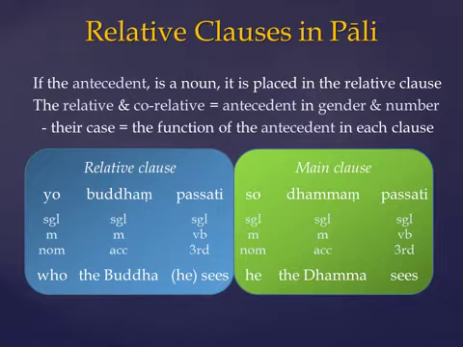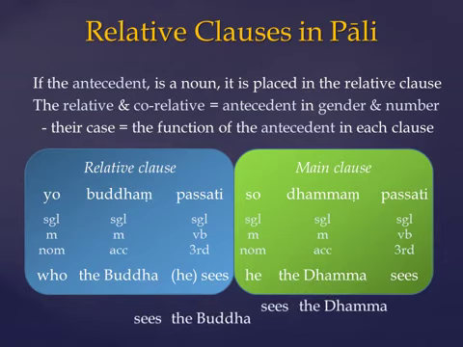So in this example, we can see that both the nouns buddhaṃ and dhammaṃ are in accusative case and therefore will be the objects of their respective verbs, whilst the pronouns yo and so will be the subjects of their respective verbs. If you wish to refresh your memory, this was all covered in the tutorial on relative pronouns.